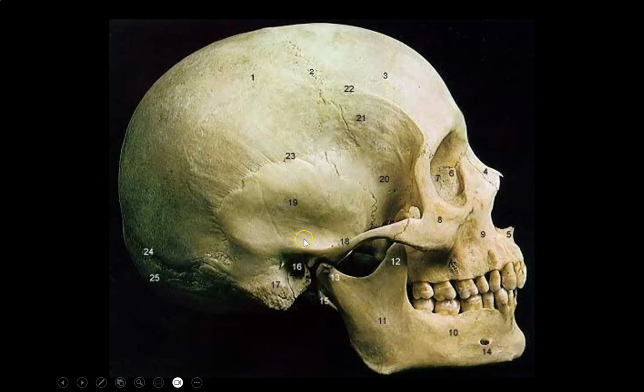This is the circle, and this is the name I gave it for teaching purposes. At the lower end of the superior temporal line, we have the keyhole here.